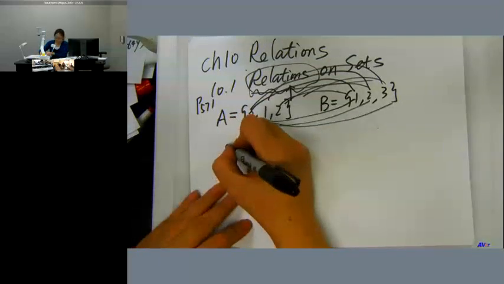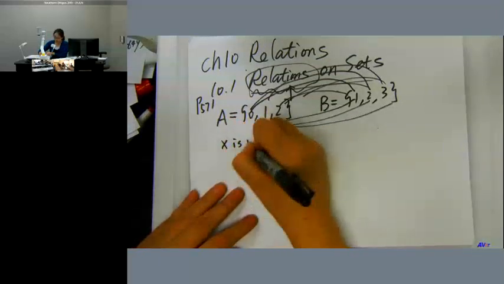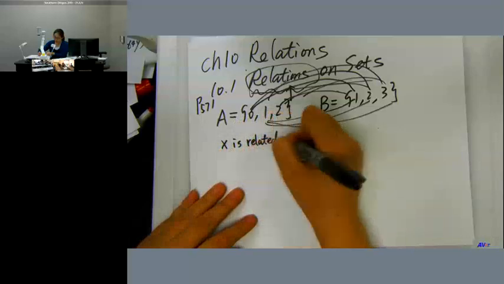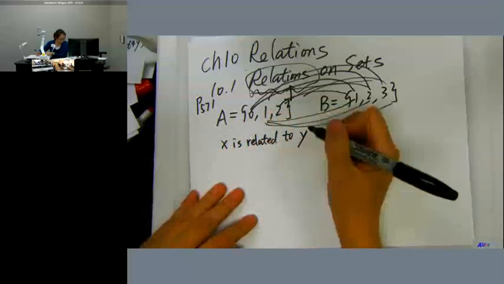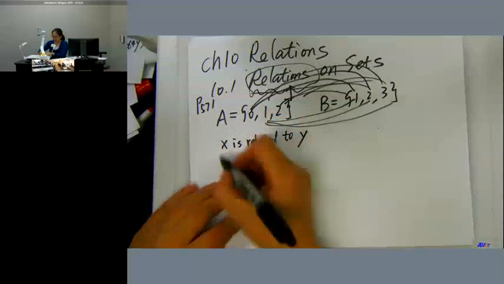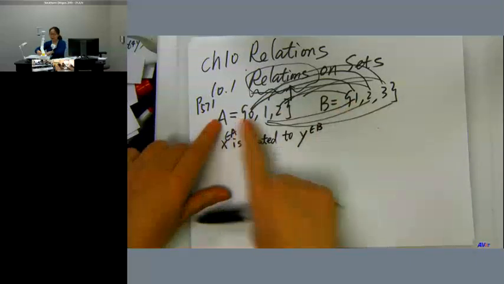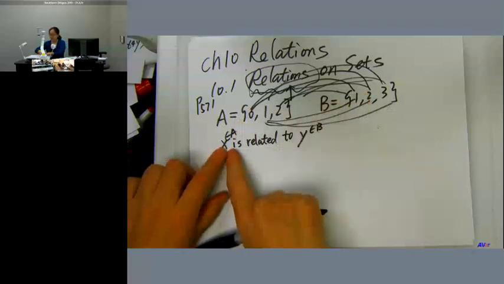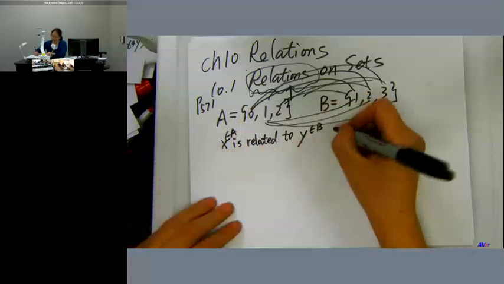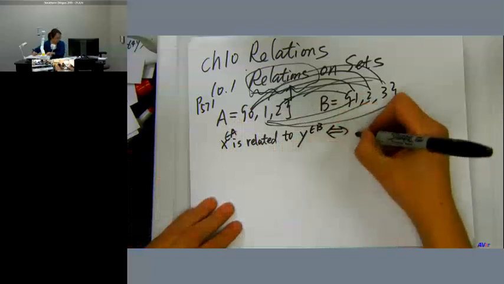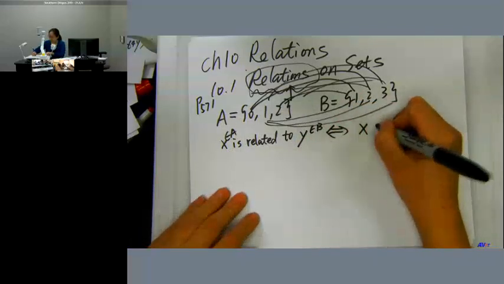We say x is related to y, x comes from A, y from B. So x is from A, y is from B, an element from A and an element from B. When we say x is related to y, if and only if x is less than y.